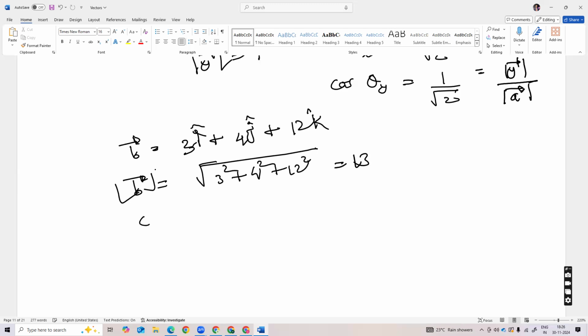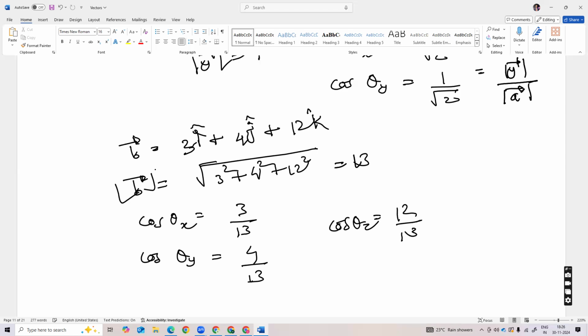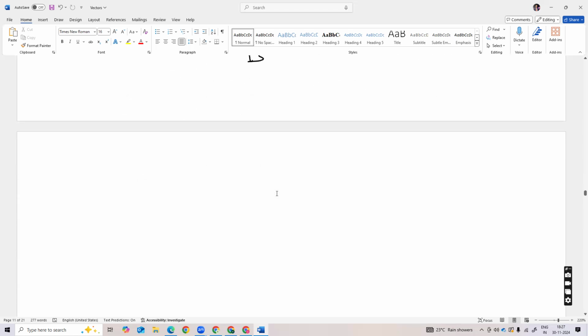So the direction cosines of the given vector b are: cos theta x will be 3 by 13, cos theta y will be 4 by 13, and cos theta z will be 12 by 13, because 3 is its component along the x-axis, 4 is the magnitude of the component along the y-axis, and 12 is the magnitude of the component along the z-axis. So this is how we can find the direction cosines.